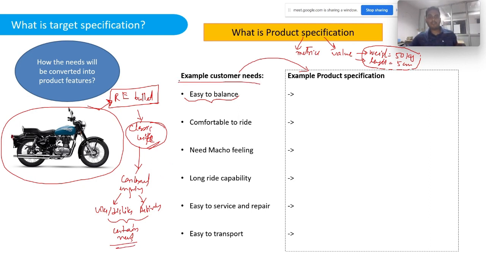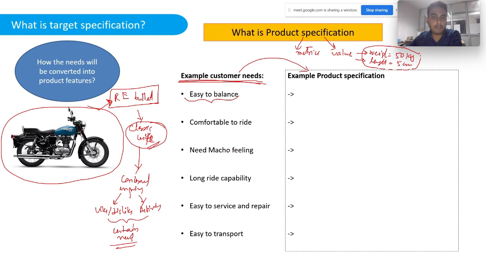Can you give some more examples? I have sorted a few. These are some of the things a customer might want to improve or have in their designs. One is easy to balance. One is comfortable to ride.